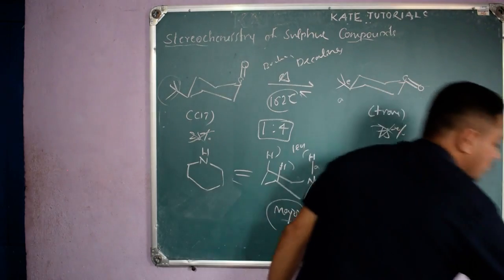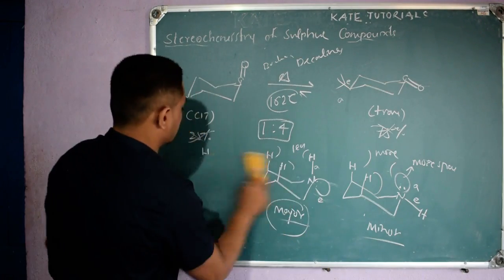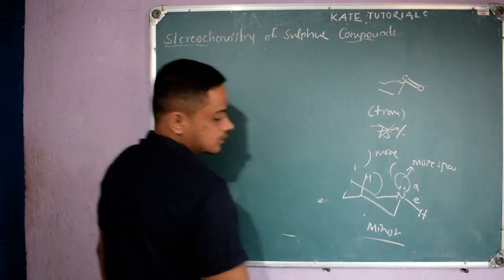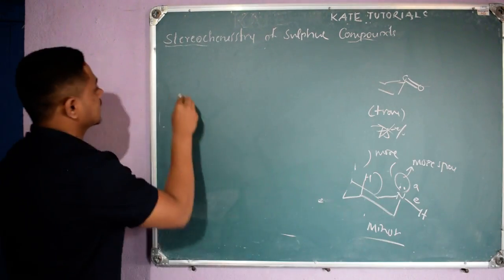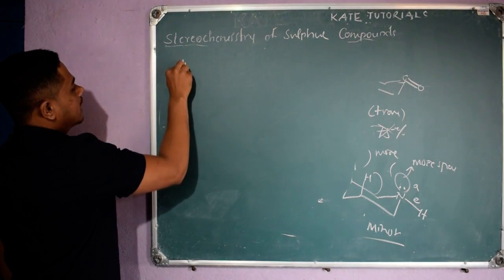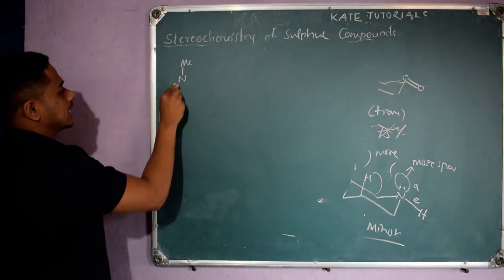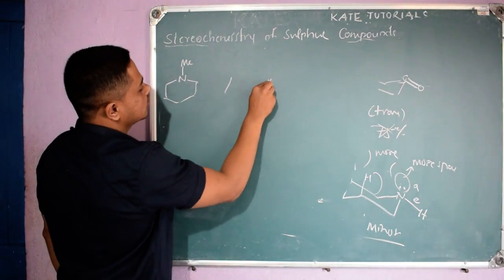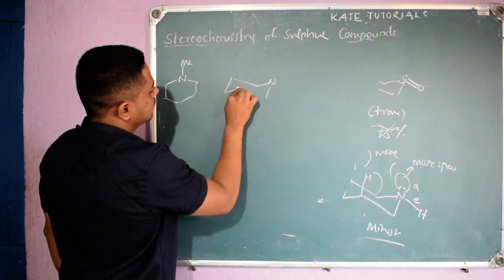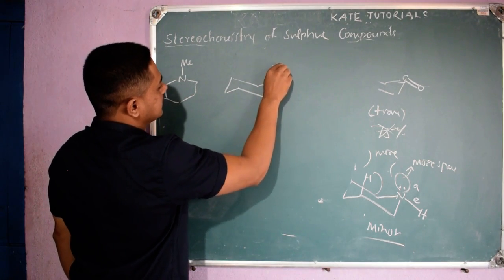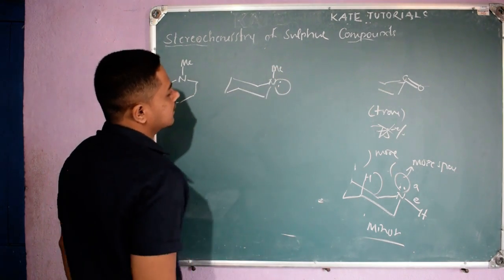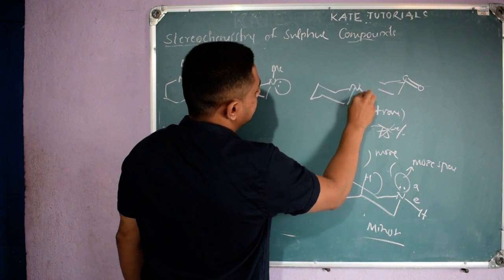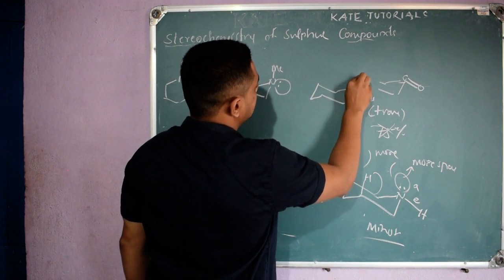So sometimes what they will do, they will give this molecule. Now you have to tell which one is major. I have N, now I have replaced hydrogen by methyl, and this is again a 6-membered ring. So again you will get two possibilities: you place methyl axial and lone pair here, or one more possibility, you place methyl here and lone pair here, right?